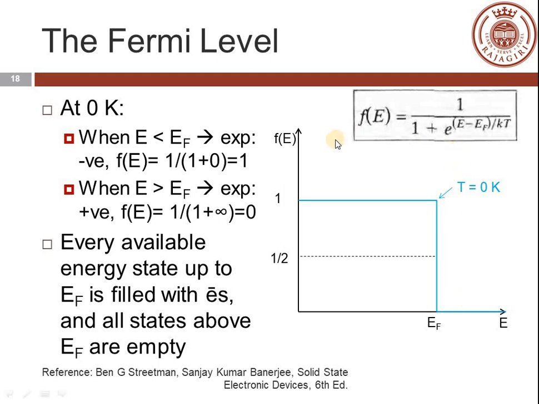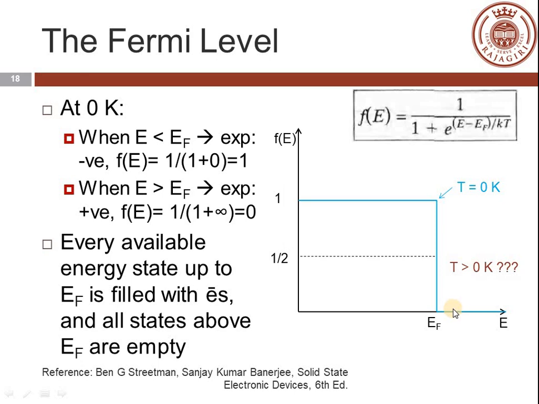Also we said f of E is a probability distribution. So the area under this probability curve will always remain the same. Now what will happen if temperature is greater than 0 Kelvin? If temperature is greater than 0 Kelvin, there is a probability that electrons can be filled beyond states EF.